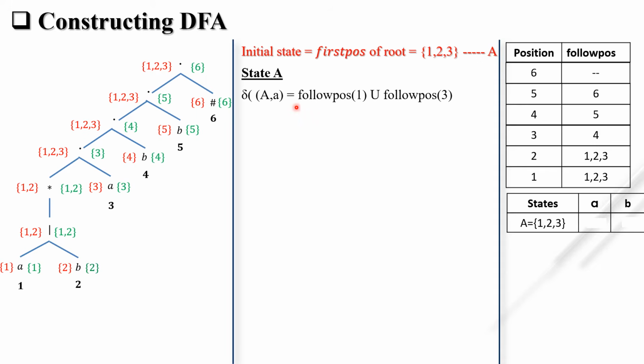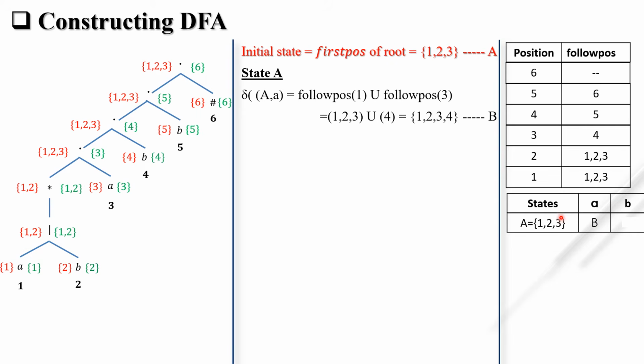So we have to use the follow position of 1 union follow position of 3. What is the follow position of 1? 1, 2, 3. Union follow position of 3. What is the follow position of 3? 4. So the answer is 1, 2, 3 and 4. This is completely different from state A. That's why we name it B. So A of A is fine. What do we get? We get B.